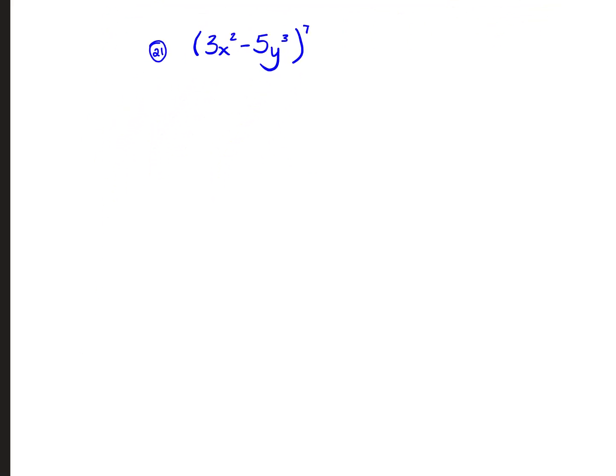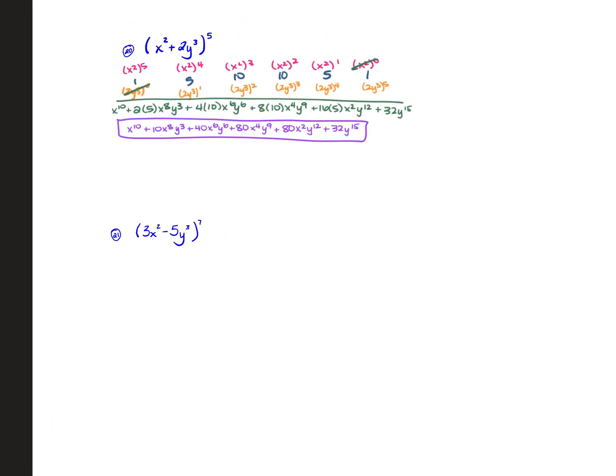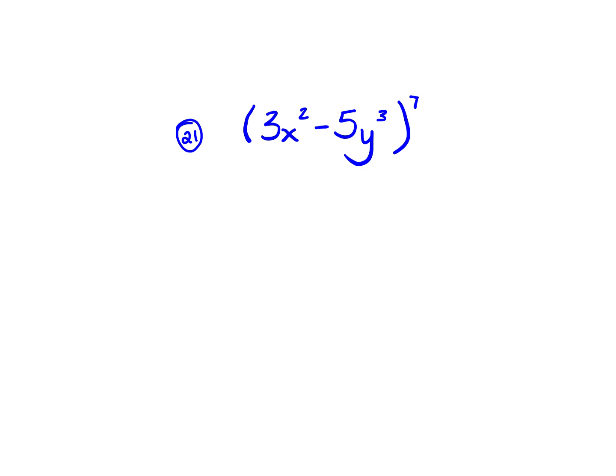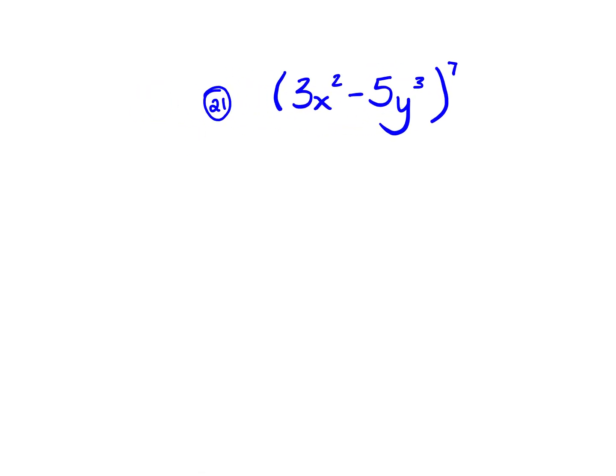For number 21, which is our last one, we have 3x squared minus 5y cubed raised to the 7th power. So we're going to start with doing the 3x squared to the 7th power.